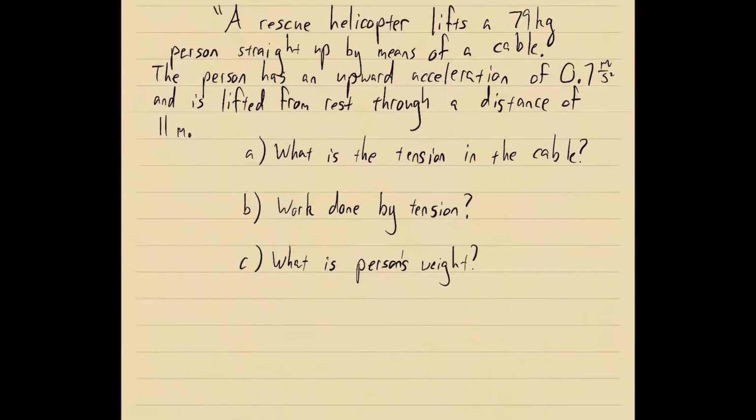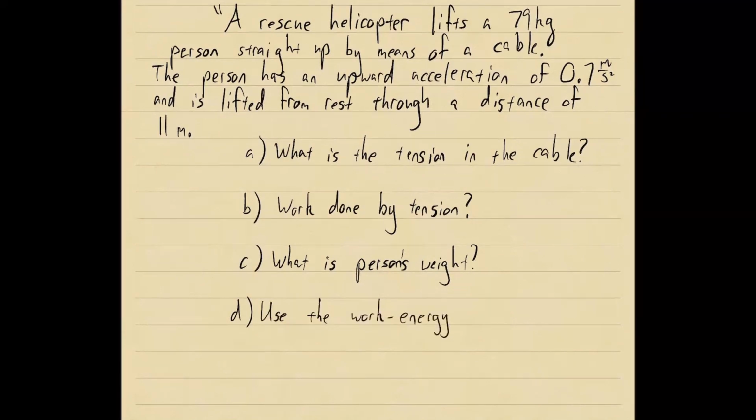And part D is asking us to use the work energy theorem to find the final speed of the person.